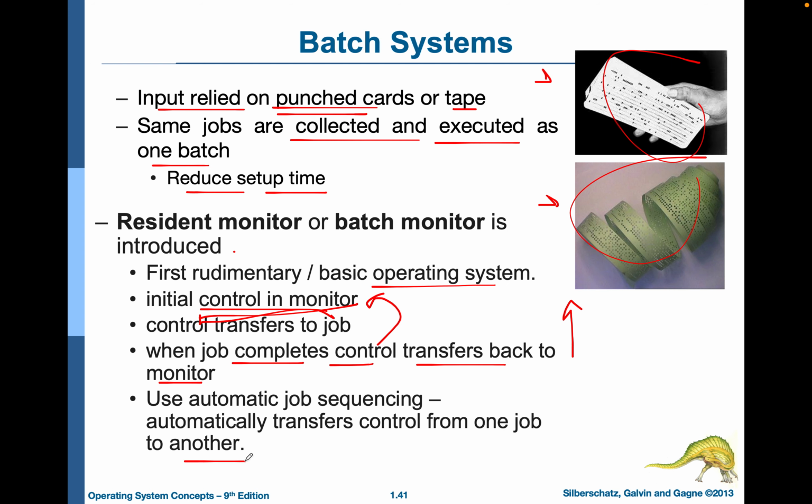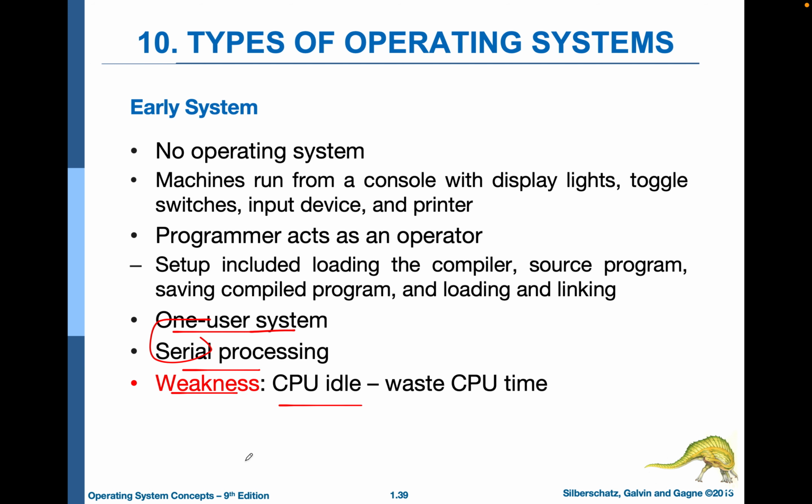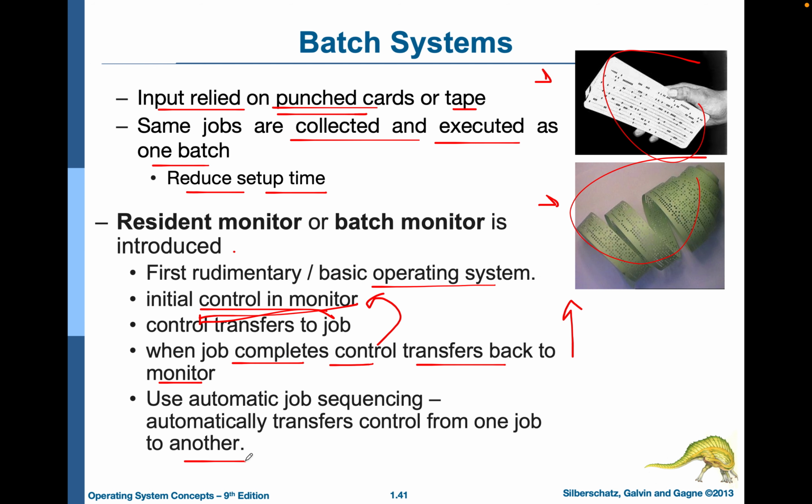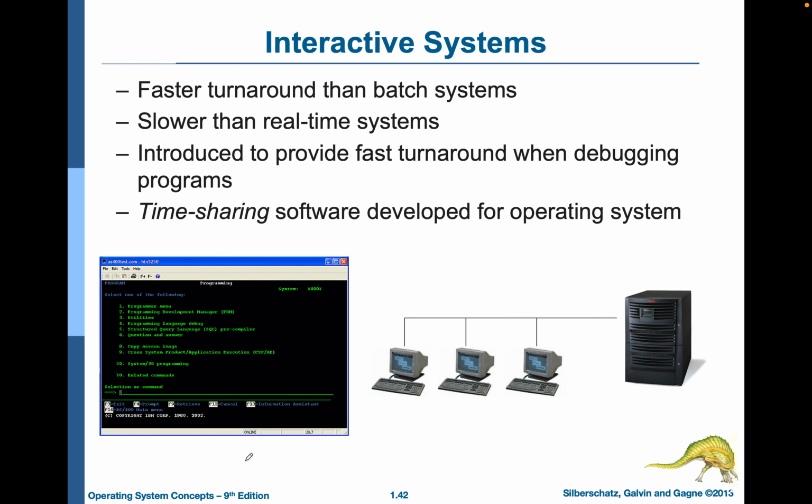Okay, after the early system and the batch system, we move to the interactive system, which is much faster compared to the batch system, but in terms of the real-time system, it's much slower.